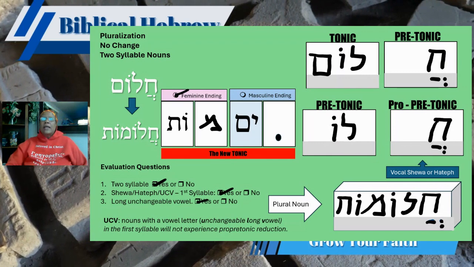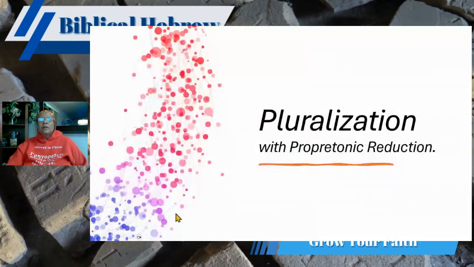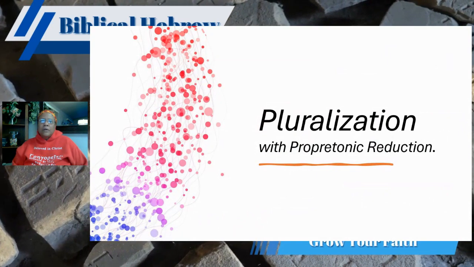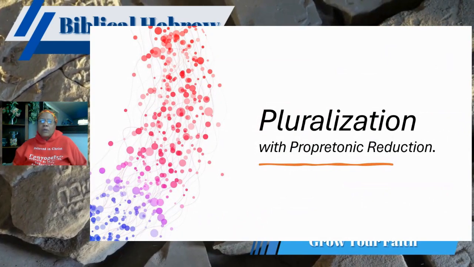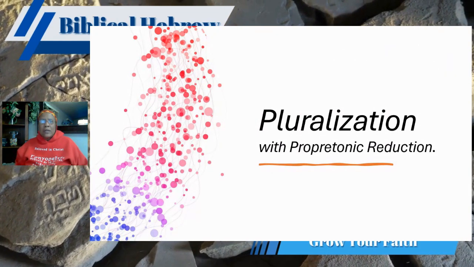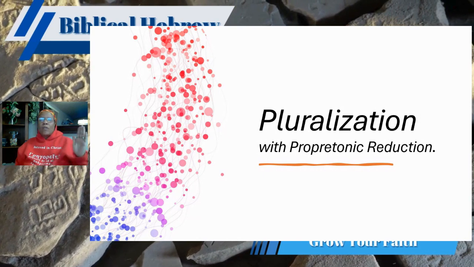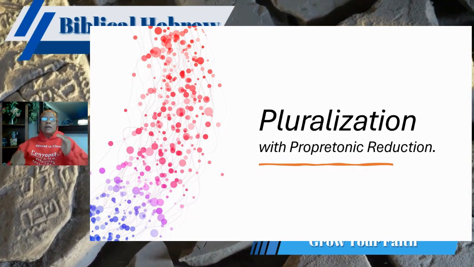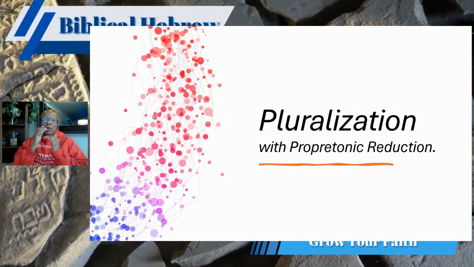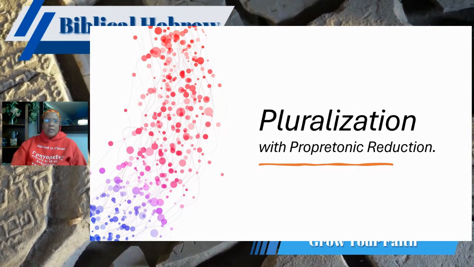Let's go ahead and look at the pluralization with pre-tonic reduction, pro-pre-tonic reduction. The farther away you get from the tonic, the shorter the syllable, the vocalization will be typically.